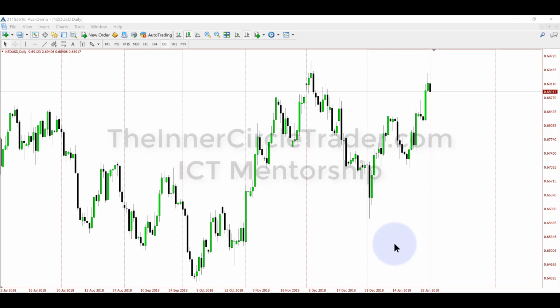Obviously, you have to understand what institutional order flow is as we define it here, and what we're looking for with external range liquidity for targeting. When you understand that, it makes the overall process a lot easier and more concise. It doesn't need to be a PhD level outline in terms of a trading plan, because you really want your trading to be simplified.